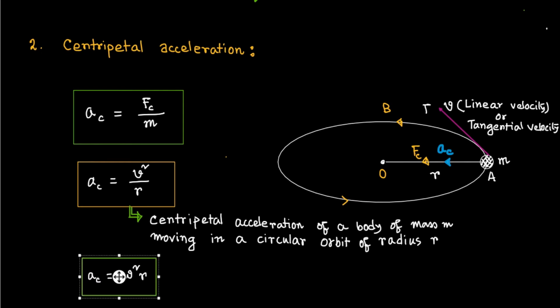Centripetal acceleration has the third expression, which is ac equal omega square dot r, square of angular velocity into radius of the circular orbit, where omega is the angular velocity of revolution of the body.